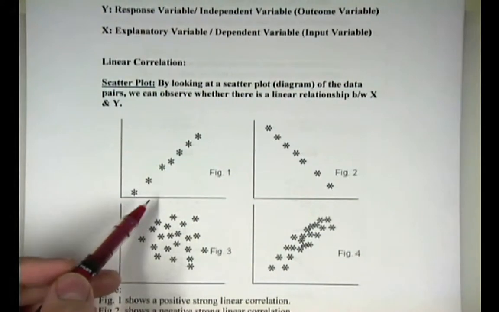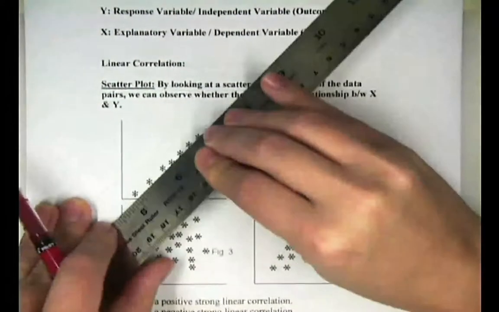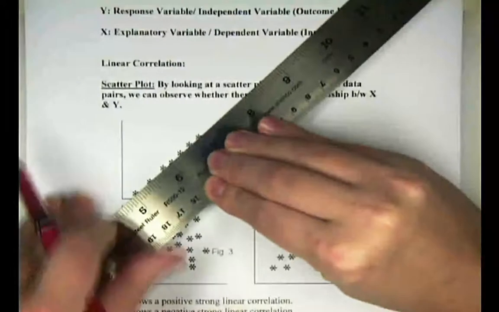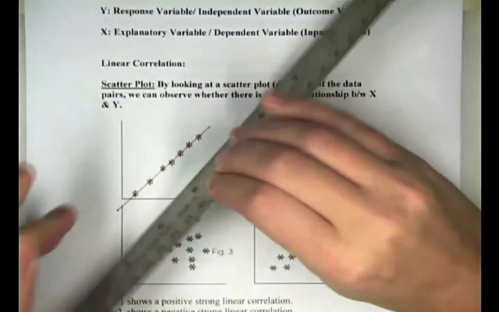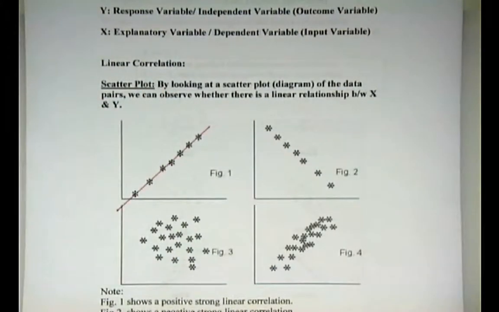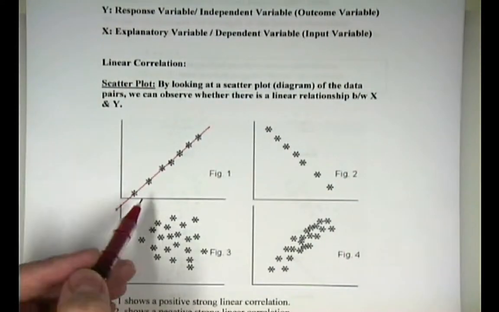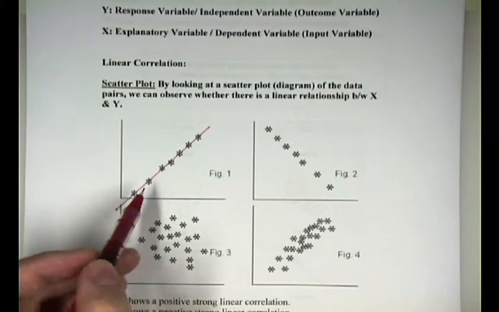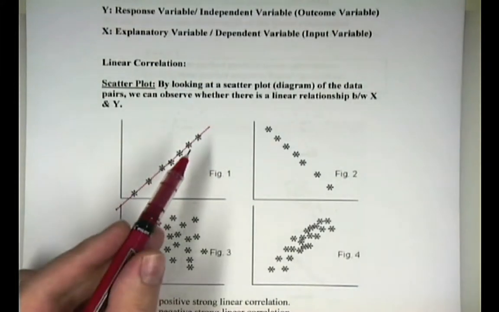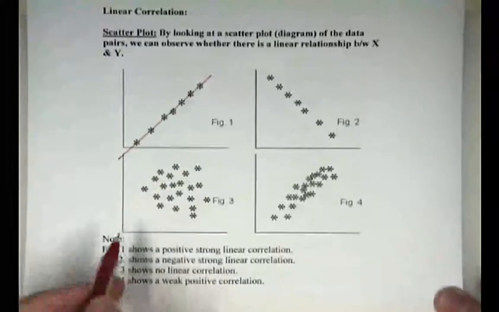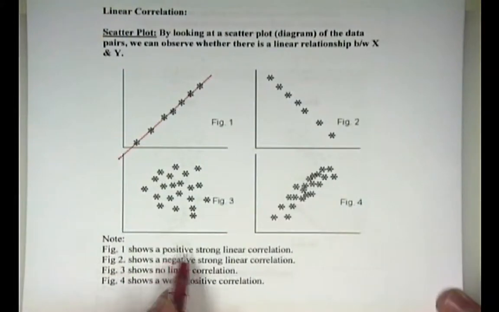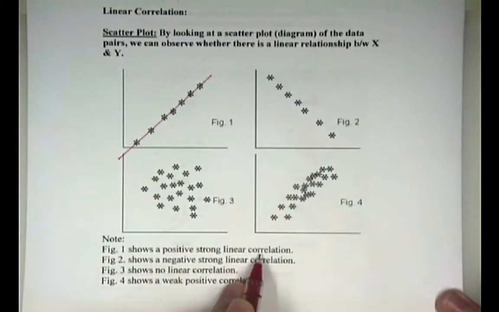And if we were to take a ruler, we could draw a pretty straight line through all of these points. This is a pretty good linear relationship, and the line has a positive slope. So we say that figure 1 shows a positive, strong linear correlation.